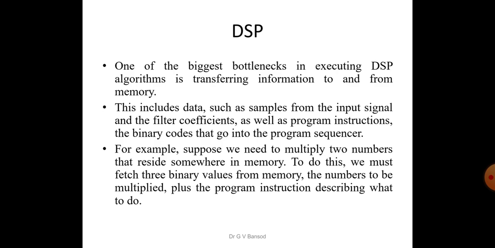So in DSPs also, whenever we process the data, there will be samples from the input signals and also there will be the coefficients. There will be the program instructions which will be executed by the CPU, and there will be huge to and fro mechanism moving from the program memory to the data memory to the program memory and to the CPU.